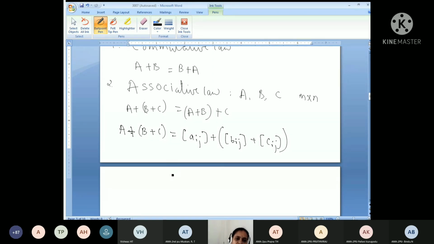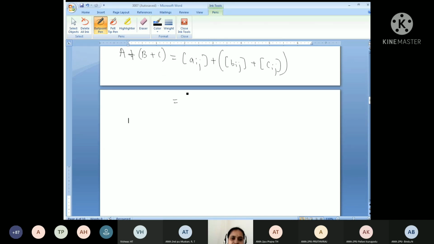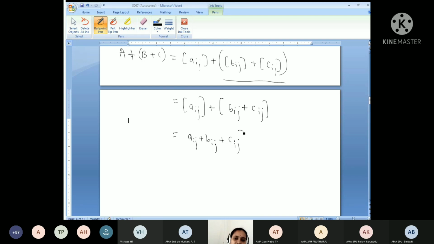First you have to add inside the bracket, so Aij will remain the same. Solve this first: if I add, it becomes Bij plus Cij. Now you add both matrices completely, therefore it is Aij plus Bij plus Cij.